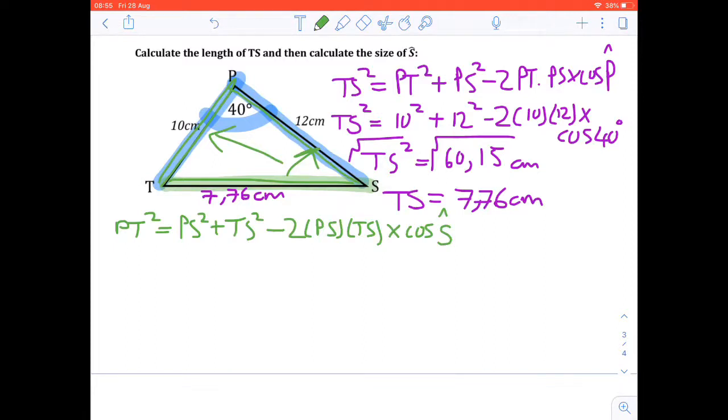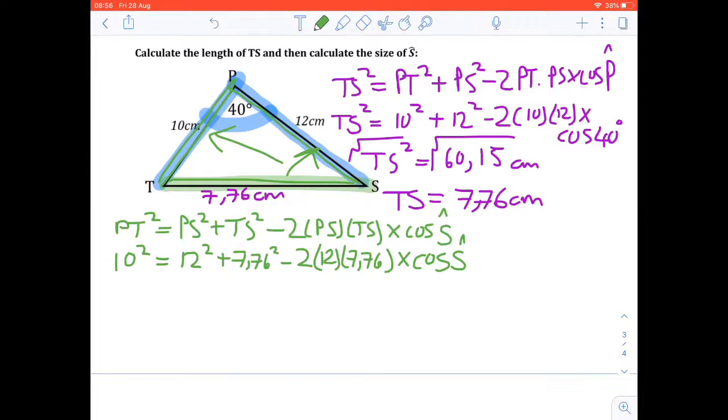Let's substitute in 10 squared for PT equals PS squared, 12 squared, plus 7.76 squared, minus 2 times those two values, times cos S, which we don't know. That's what we're working out.